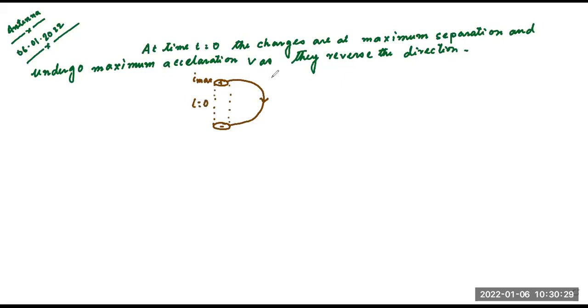This is the effective L0, at t equals 0. This is the field line. So let us call this figure A, that is t equals 0.